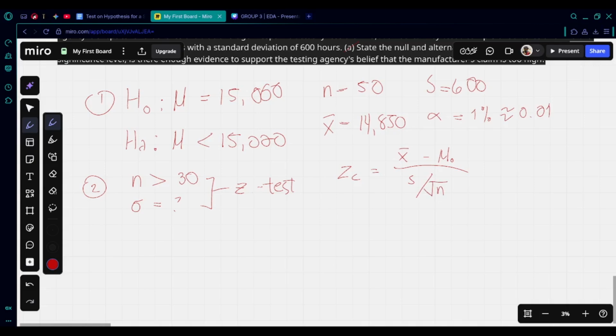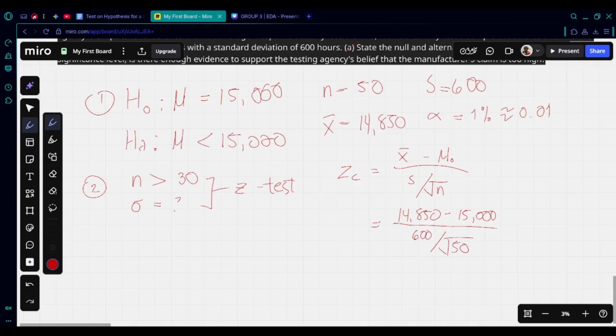So let's substitute first. We have our mean, which is 14,850 minus 15,000 coming from this given, over we have our standard deviation of 600. So this is 600 over square root of our n, which is the 50.